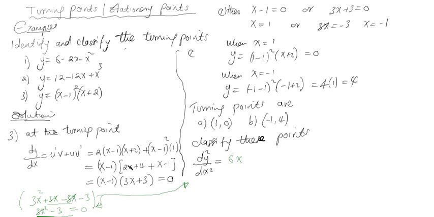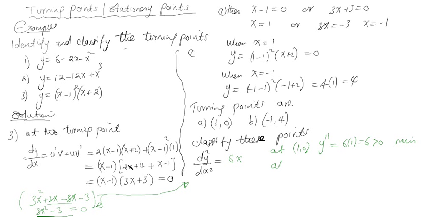So at (1, 0), the second derivative, which you can also write as y with a double prime, is 6 multiplied by 1, which gives you a 6. 6 is greater than 0. This one is a minimum point.